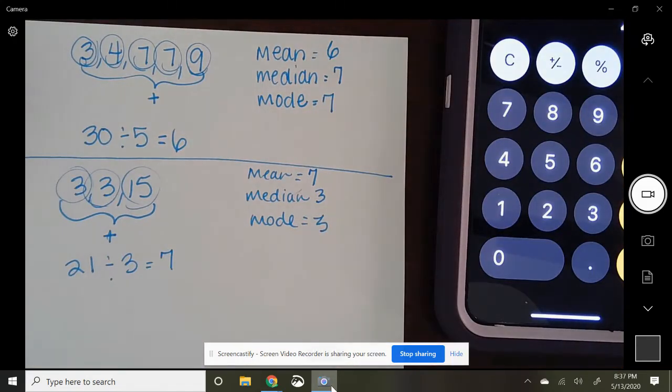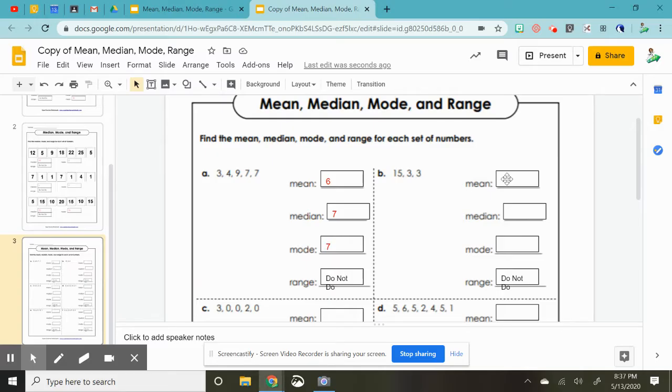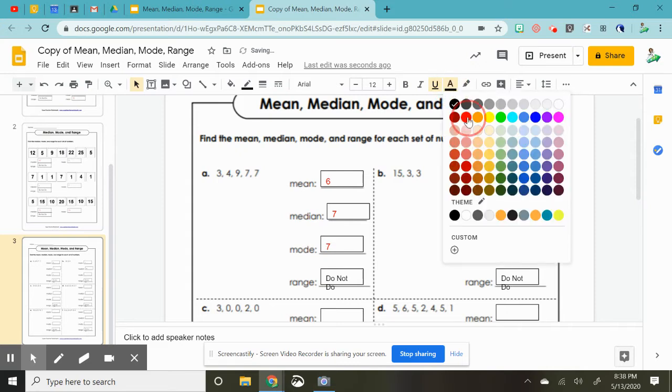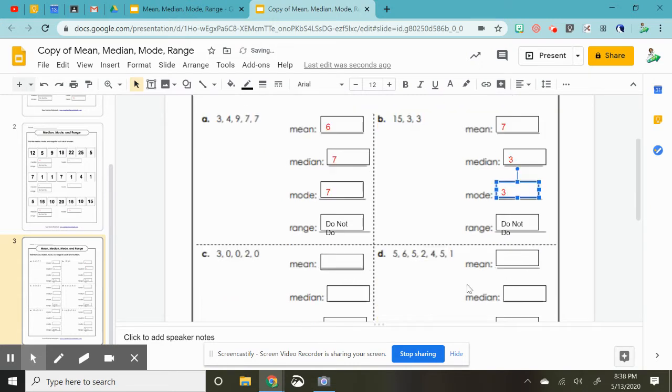Okay, go back to my worksheet and put 7, 3, 3 in. No, didn't mean to underline it. Okay, awesome.